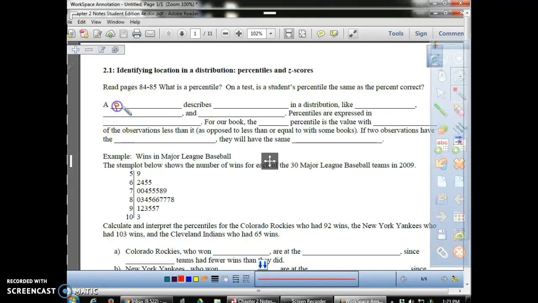But a percentile describes location in a distribution, like quartile 1, median, and quartile 3.